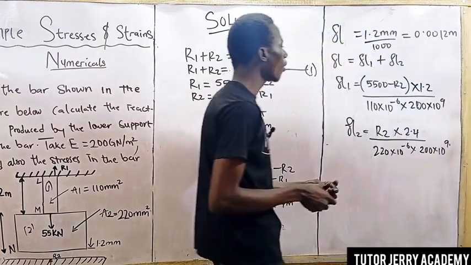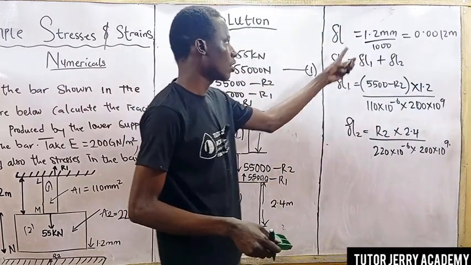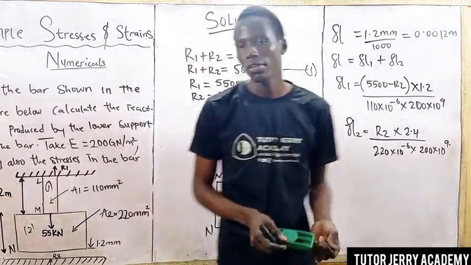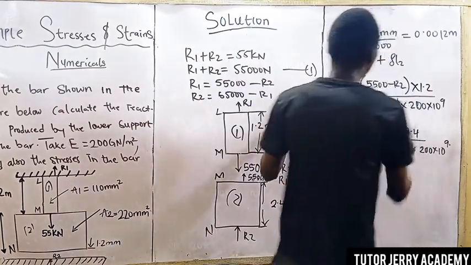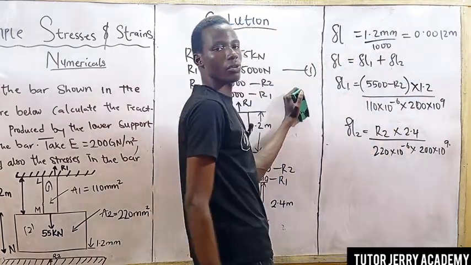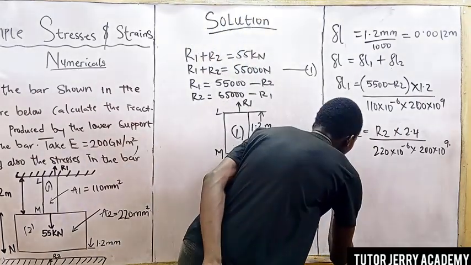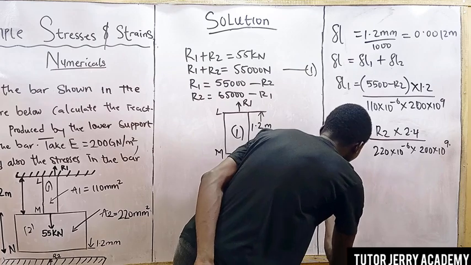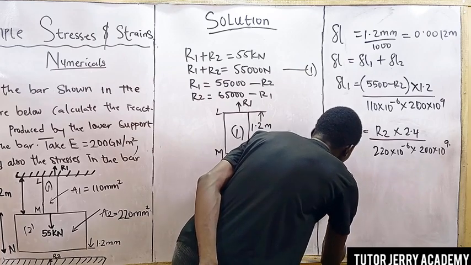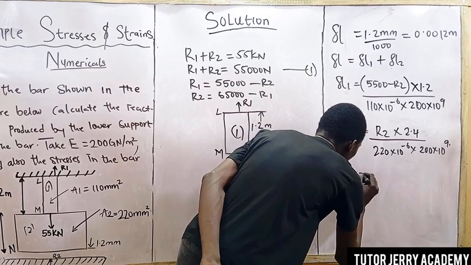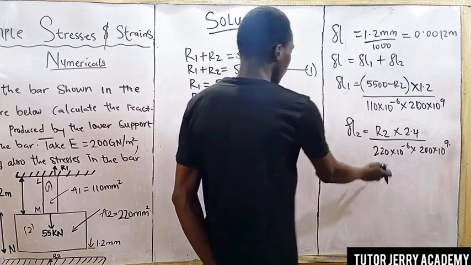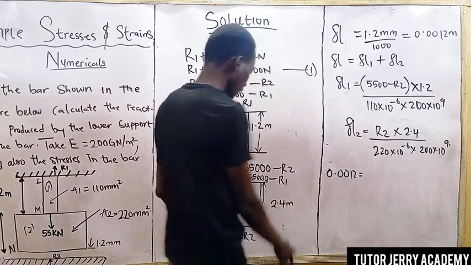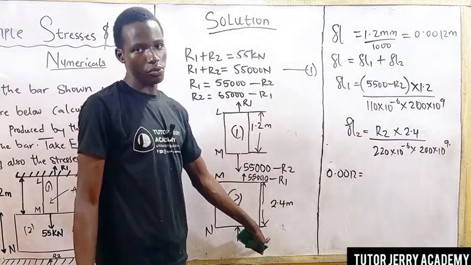So the sum of this and this, of course, you know that will give us the total elongation, which is this. So if we equate this, we are going to have 0.0012 meters equal to this. Now, don't forget that this bar here is compressive, so it will be minus.